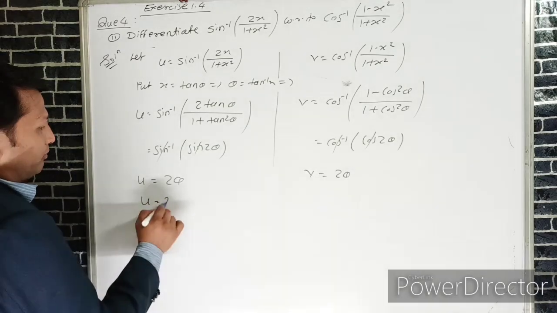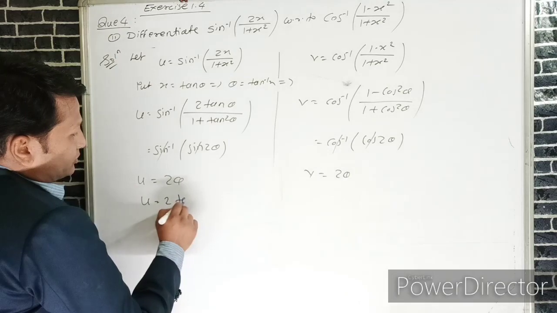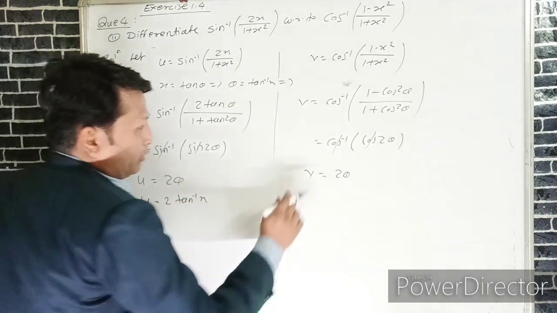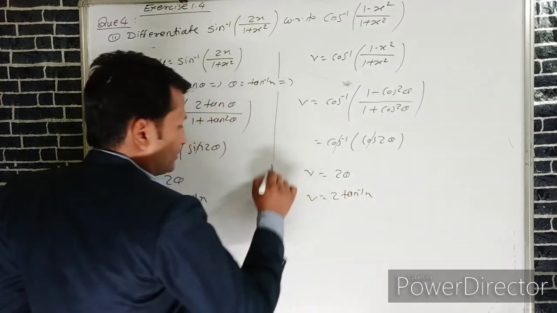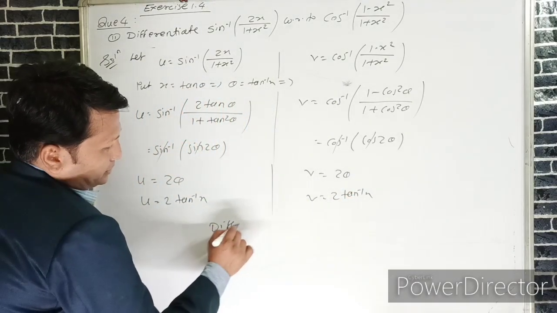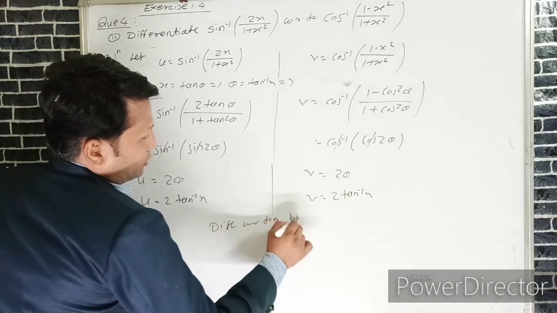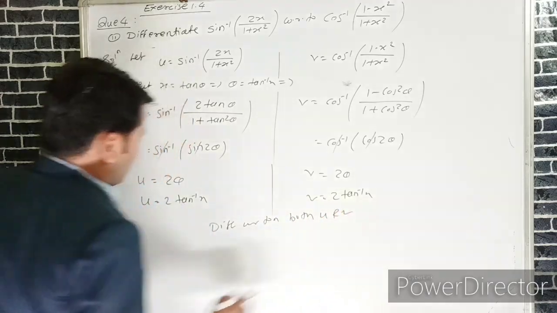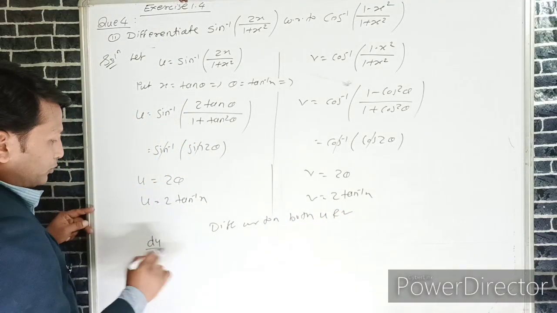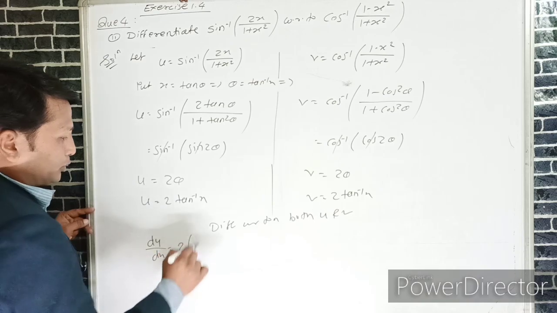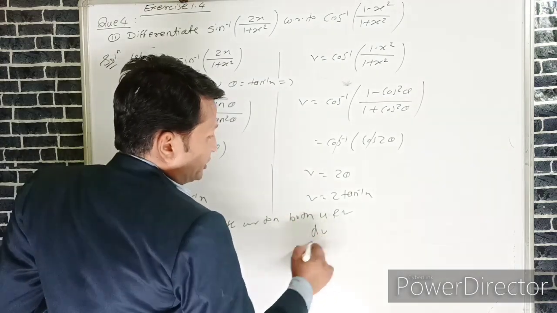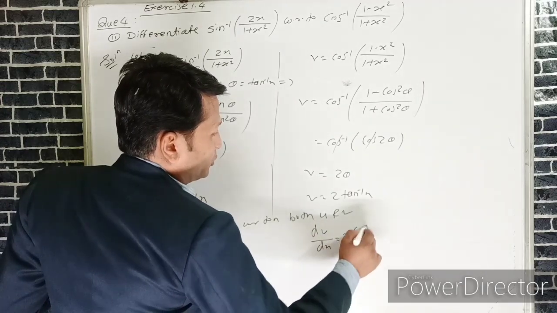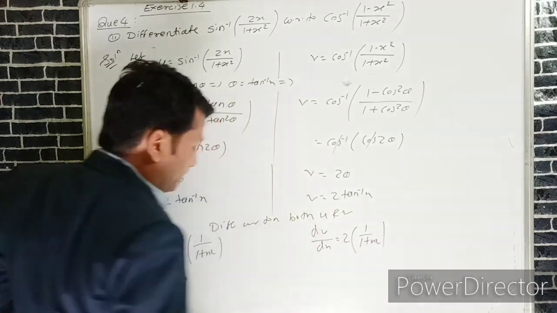The value of theta is tan inverse of x, so the value of u and v is 2 into tan inverse of x. Now if we differentiate both u and v with respect to x, we can write the derivative of u, du upon dx, is equal to 2 into 1 upon 1 plus x square, and the derivative of v, dv upon dx, is equal to 2 into 1 upon 1 plus x square.